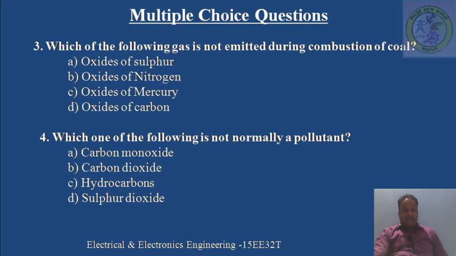Carbon dioxide, we cannot say it is a pollutant, because it is a naturally occurring gas. Therefore, we can't call it a pollutant. But hydrocarbons are also a pollutant. Sulfur dioxide is also a pollutant. Therefore, the correct answer is carbon dioxide. Normally we can't say it is a pollutant.